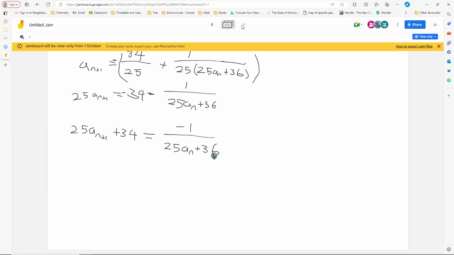So what we'll do now is define a helper sequence B of n, and we'll define that to be 25 A sub n plus 36.